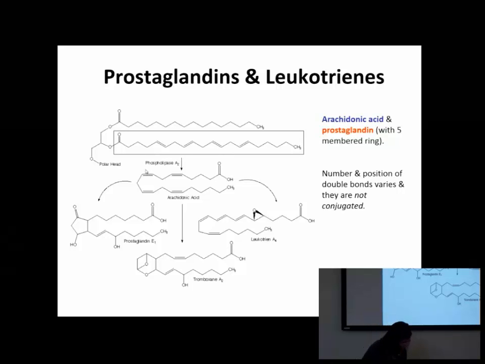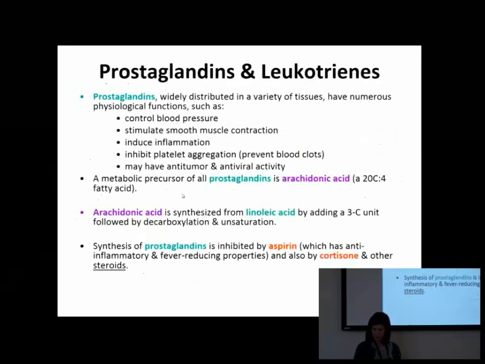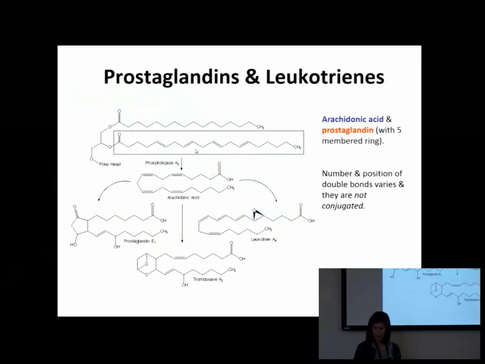So here's our linoleic acid, I guess. And this is our linoleic acid on a phospholipid. We're going to take that off, hydrolyze this ester to make arachidonic acid, and then we can make either our prostaglandins or leukotrienes from that.